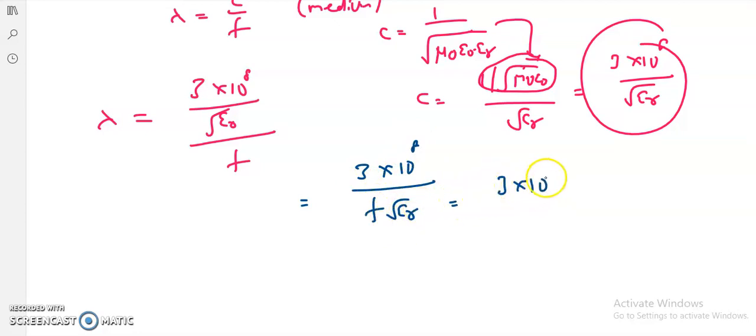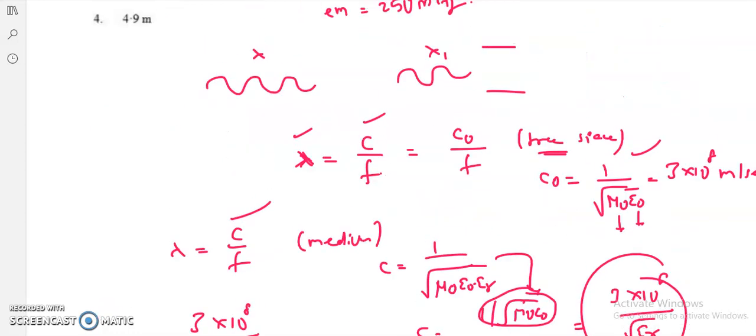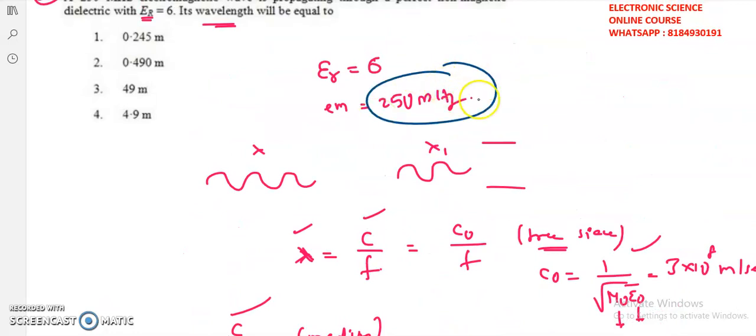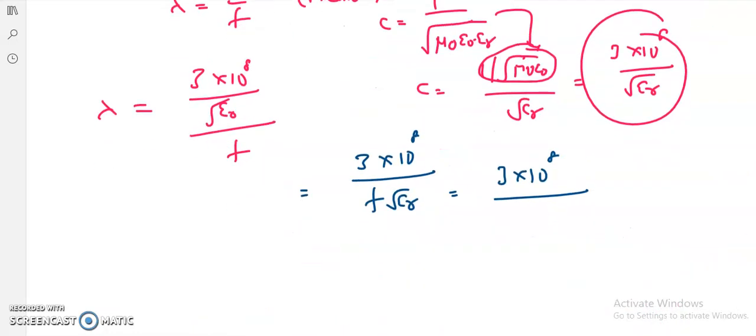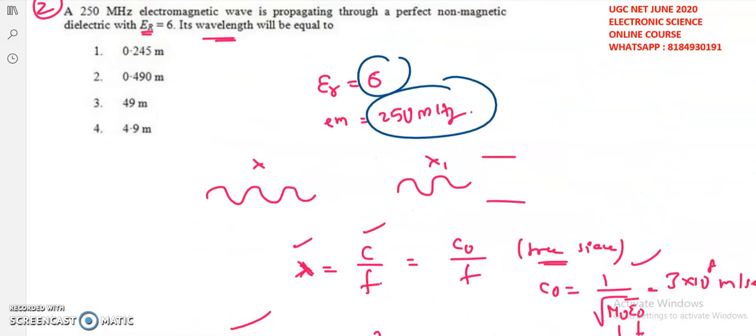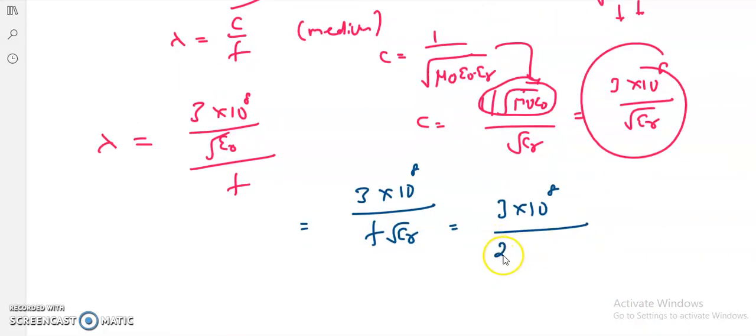The frequency of the electromagnetic wave given here is 250 megahertz, and the relative permittivity is 6. So I am substituting both: 250 mega means 250 into 10 power 6, into root of epsilon r, given as 6.